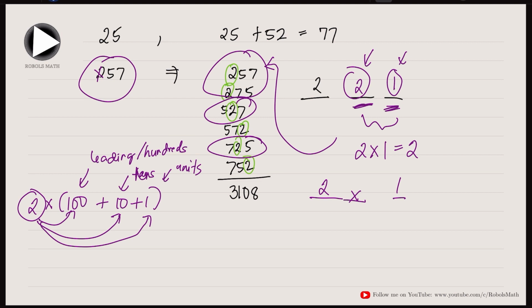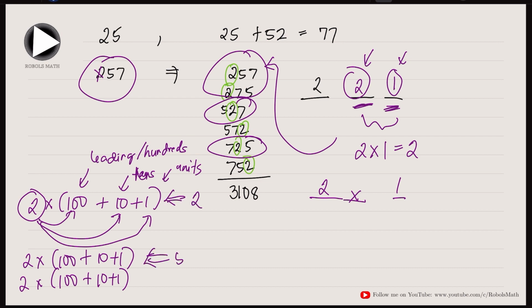Now note that if we examine 5 as well, we get the same number of cases, which is 2. So that's 2 times 100 plus 10 plus 1, and then 2 times 100 plus 10 plus 1. This is for the digit 2, this is for the digit 5, and this is for the digit 7.